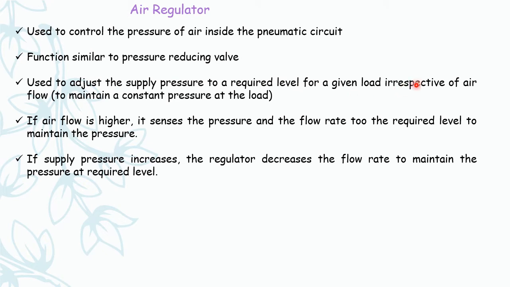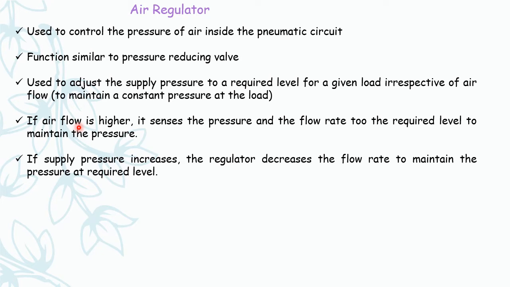It is used to adjust the supply pressure to a required level for a given load irrespective of airflow, to maintain a constant pressure at the load. So irrespective of the airflow, the air regulator helps in maintaining the constant pressure in the pneumatic system. So it acts similar to the pressure reducing valve.